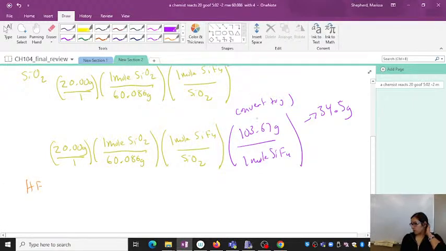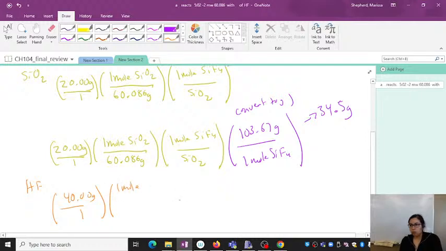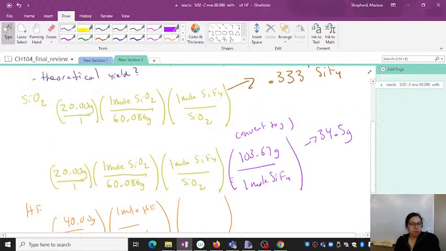So now just repeat the same process, except now we're going to plug in 40 grams for HF. What's the molecular weight of HF, like 20? 20.006, so 1 mole of HF. And then, what's our new mole ratio?